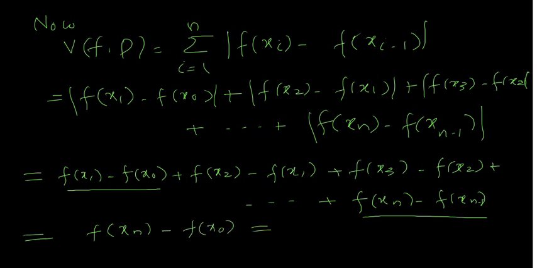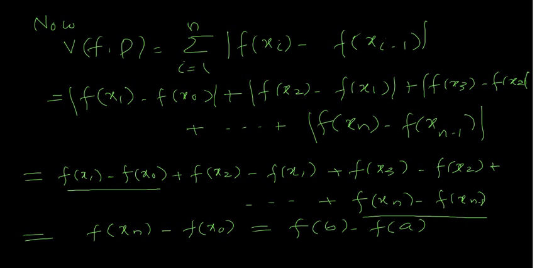But what's xn? It's equal to b. It's f of b minus f of a. So that means the variation of the function over any partition is always equal to f of b minus f of a.